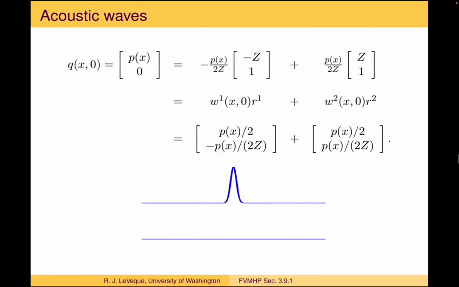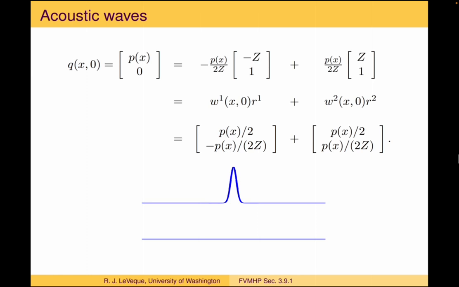So if we start, for example, with initial data where there's some variation in the pressure and zero velocity, say a Gaussian peak in the pressure and zero velocity. This is supposed to represent the two components. They're both varying around zero, but u is identically zero, and p is initially some Gaussian. Then we could take that vector, p of x, whatever our variation p of x is, and zero, and decompose it as a linear combination of the two eigenvectors.